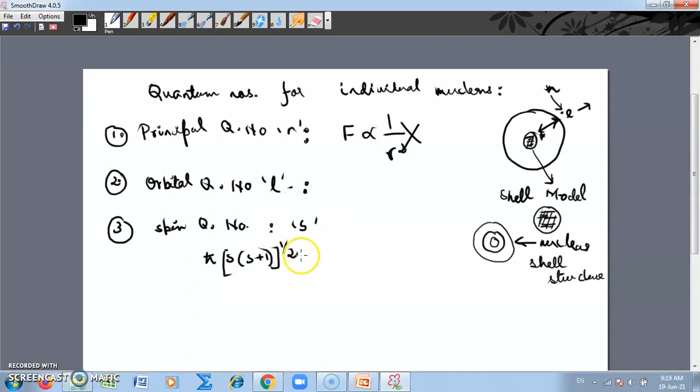In atomic physics, this was the spin quantum number for the electron. It is not in its orbit, but with respect to the axis about which the electron spins.